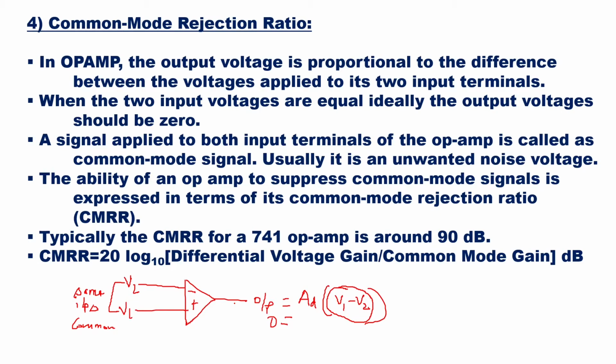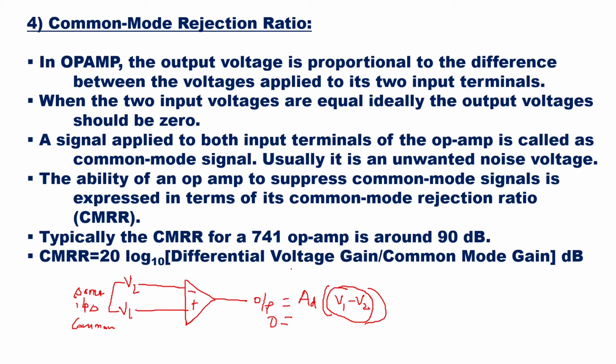The ability of an op-amp to suppress these common mode signals is expressed in terms of the common mode rejection ratio, CMRR. Typically, CMRR for a 741 IC op-amp is around 90 decibels. CMRR is given by the equation 20 log to the base 10 of differential voltage gain upon common mode gain.